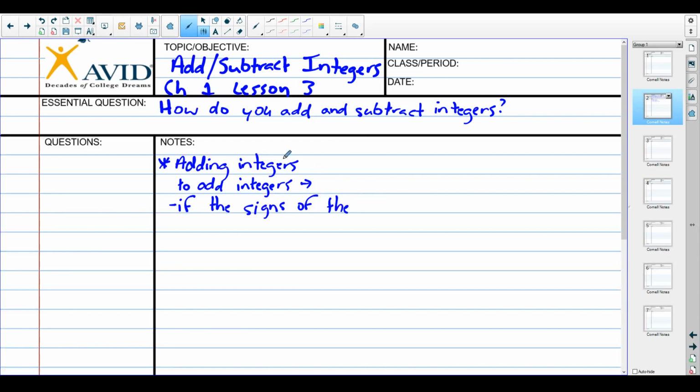If the signs are the same, so they're both positive or both negative, then you add the numbers together and you keep that sign.